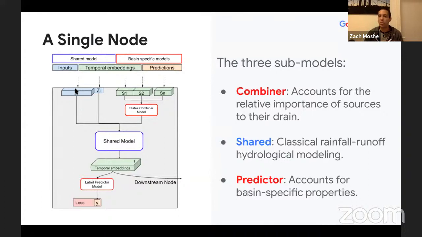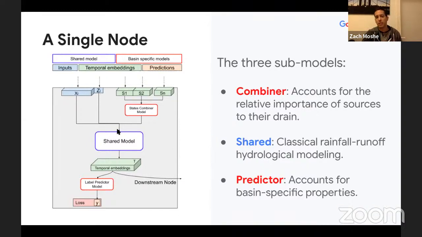It could be precipitation images, precipitation values, temperature, humidity, solar radiation, all the classical features that we can use in a hydrological model. And these are all features that are calculated for this basin. Just remember this node reflects a single basin in the graph.